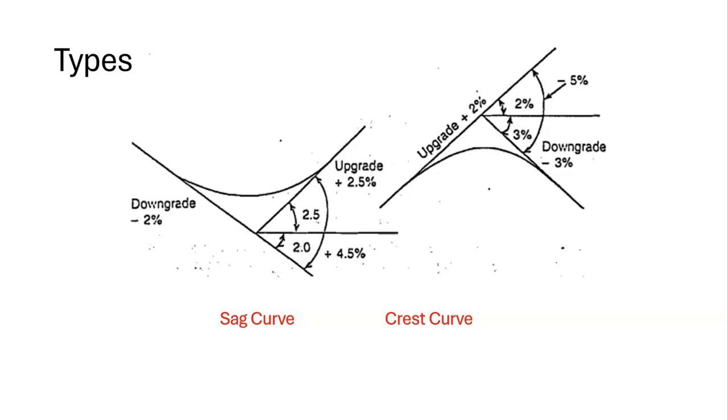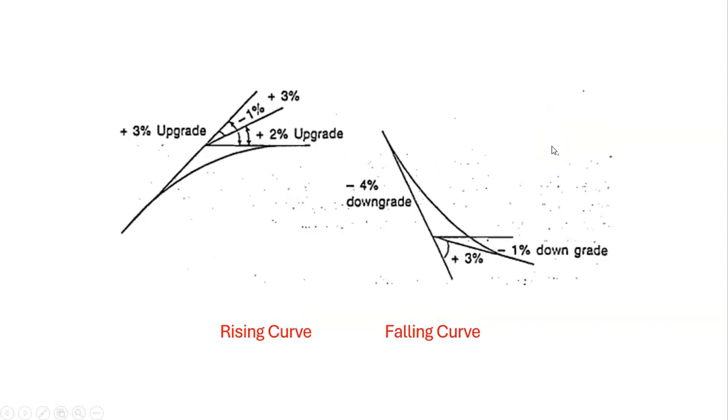When it comes to the crest curve, there is an upgrade first and then the downgrade, and please see the change. The next one is the rising curve. In a rising curve, both the grades are upgrades.